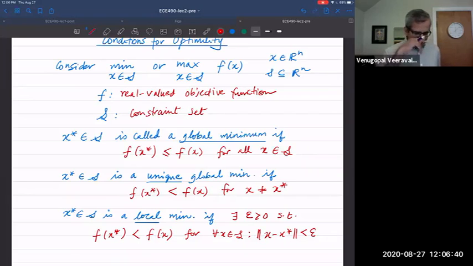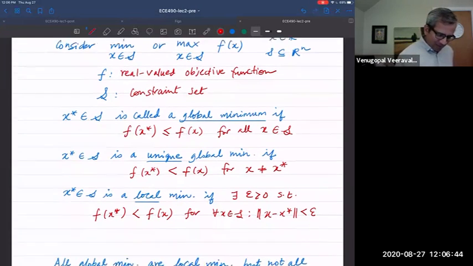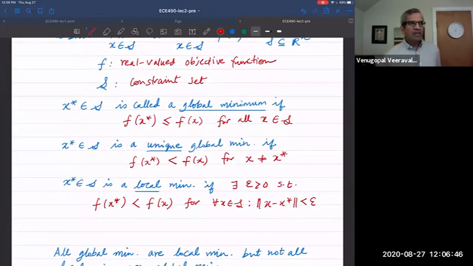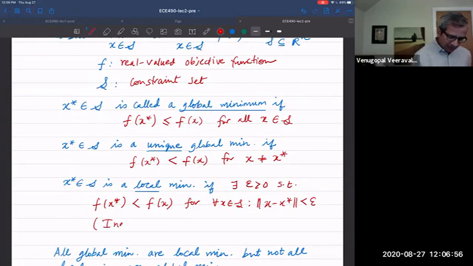So there's no point in defining something called a unique local minimum. Or you can have uniqueness of the local minimum within this ball if you want. That might make some sense in some context. So these inequalities are reversed for the maximum, that's all.